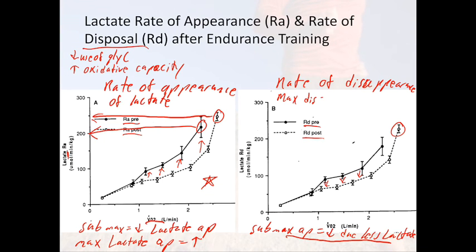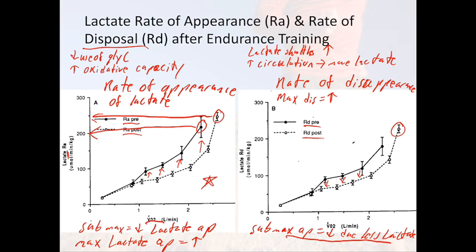Okay, but then why is disappearance lower during submaximal exercise, but maximal disappearance goes up? The reason for that is because we actually see a training effect with things like the lactate shuttles. Lactate shuttles increase, right? We get increased circulation, so we can move the lactate better.